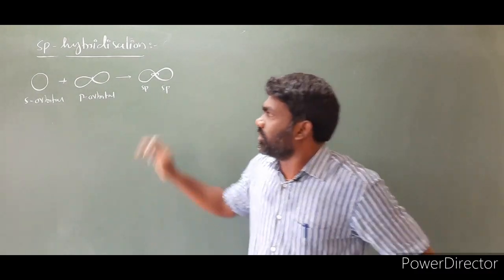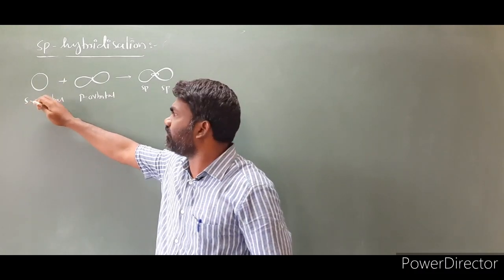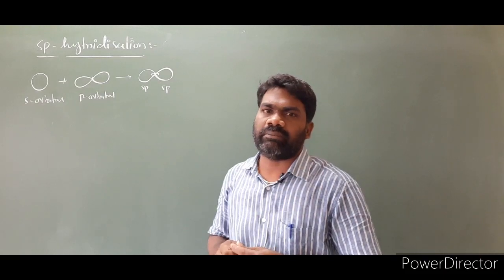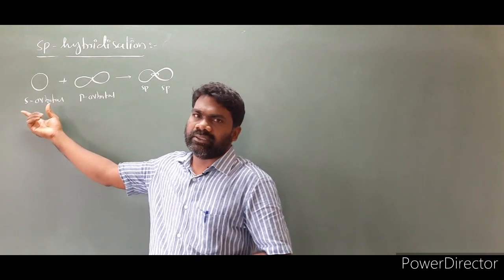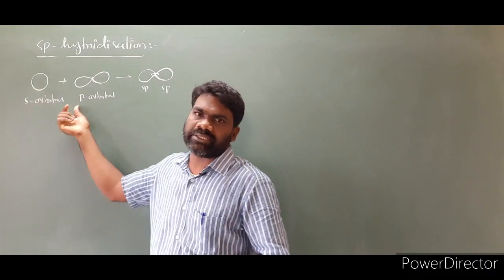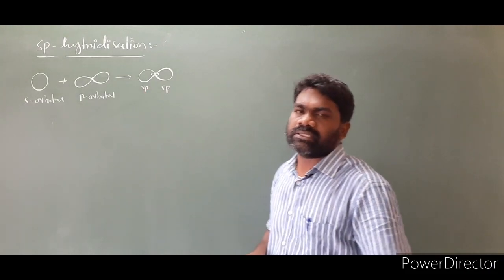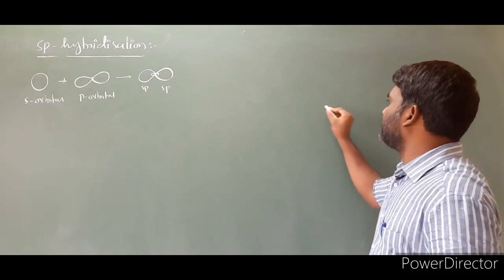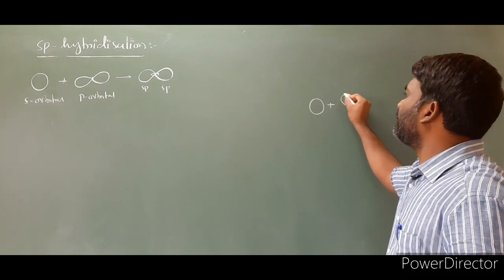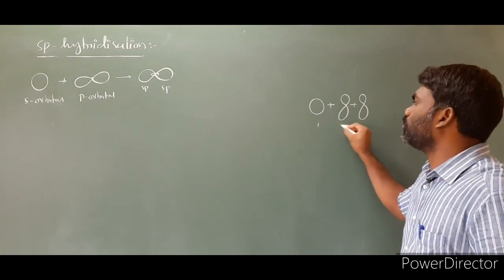Another important point is that however many pure atomic orbitals are intermixing, that many hybrid orbitals are formed. Here, this is one s orbital and this is one p orbital. Only two orbitals are intermixing, so you will get two sp hybrid orbitals. Suppose three are intermixed, for example one s orbital with two p orbitals.